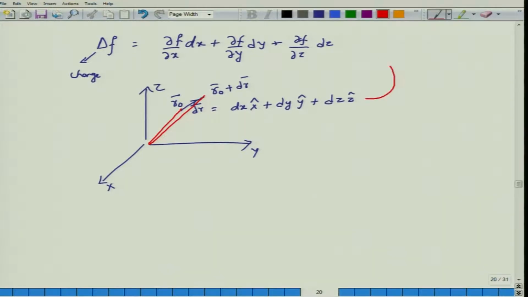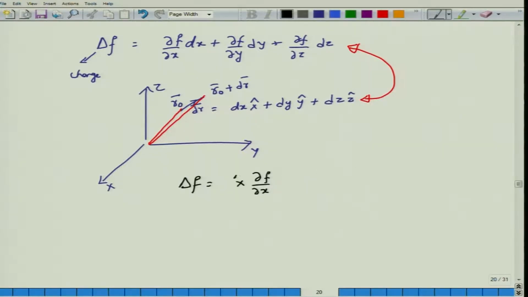Now, these two equations, if you look, then you might come up with a very interesting way of combining the equations. And the way I combine the equation, you can observe here, I will first define a vector associated with this partial derivative.